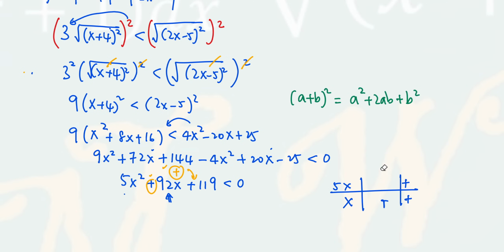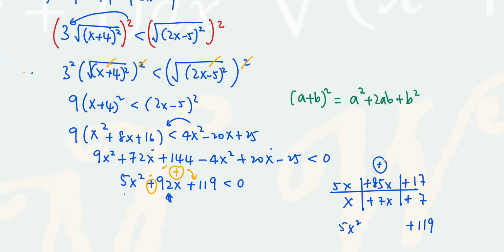Okay, so now in order to get that, I have to write 17 and 7 in this order. So 17 times 5x will be positive 85x. 7 times x will be plus 7x. So when I cross-check, this is 5x squared when you multiply, and the last term, when you multiply, is plus 119.